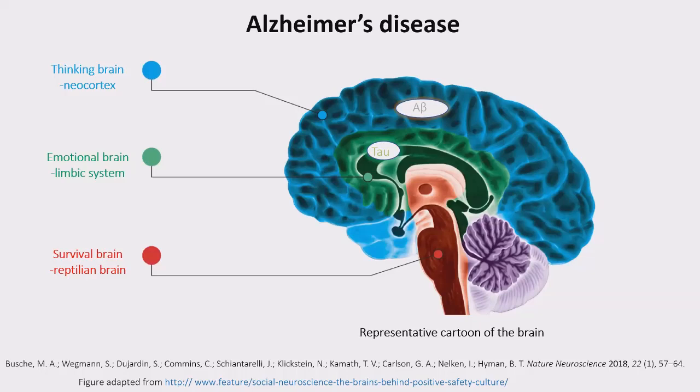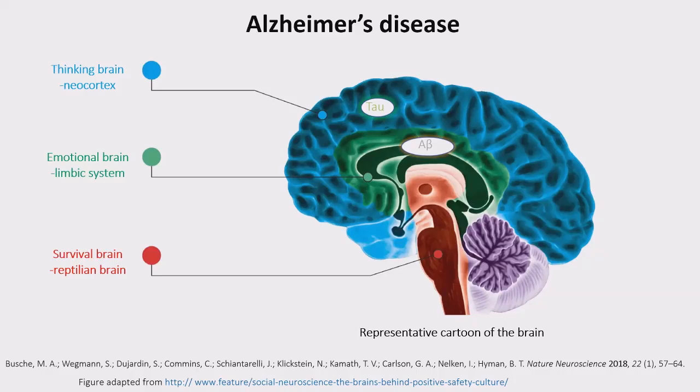When the disease advances, we're not going to see A beta only in the neocortex and tau in the emotional brain, but we're going to see migration of tau into the neocortex and migration of A beta into the limbic system.